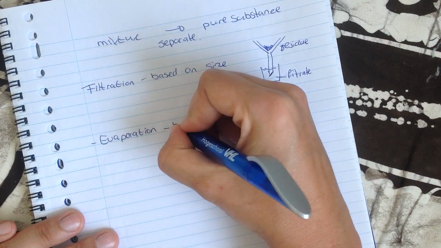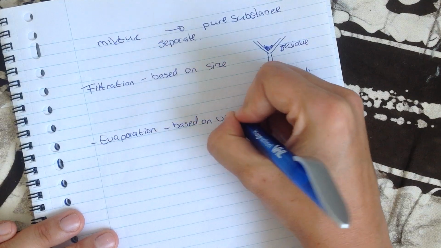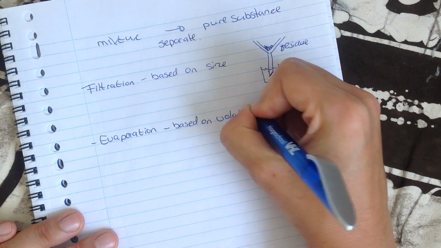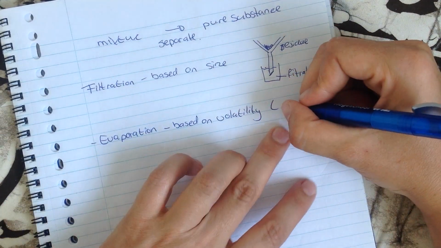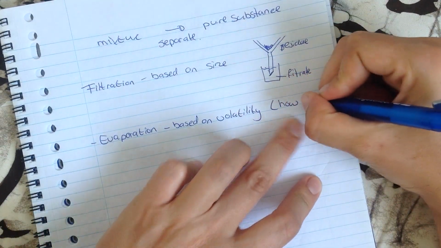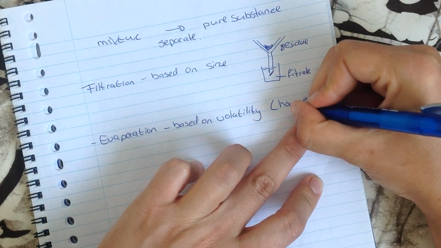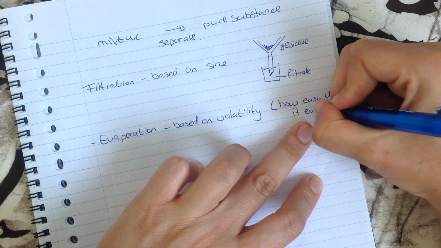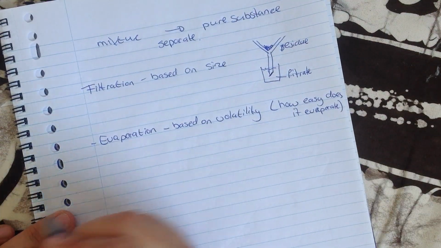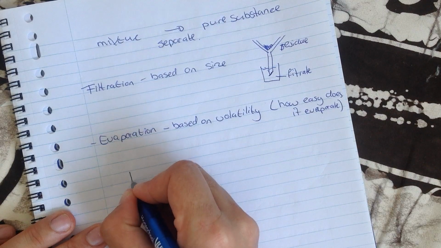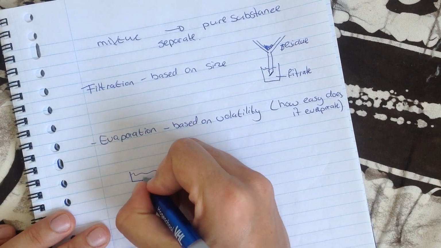Then there is evaporation. And it's based on volatility. How easy does it evaporate? So basically I have just a cup with, for example, salt and water.